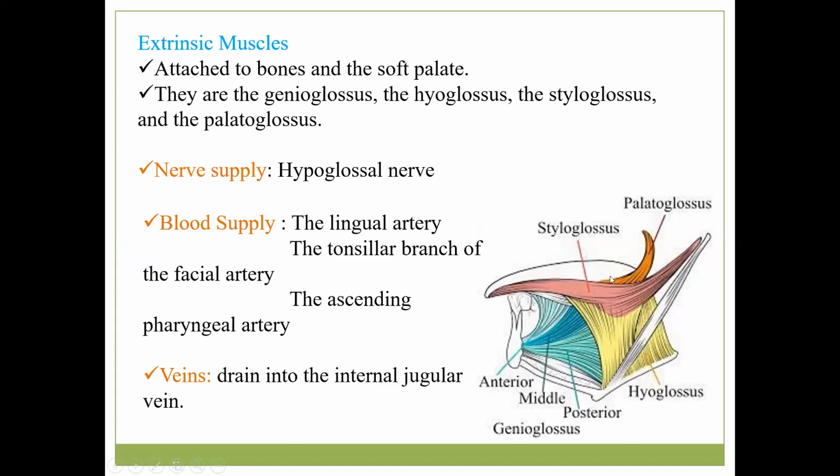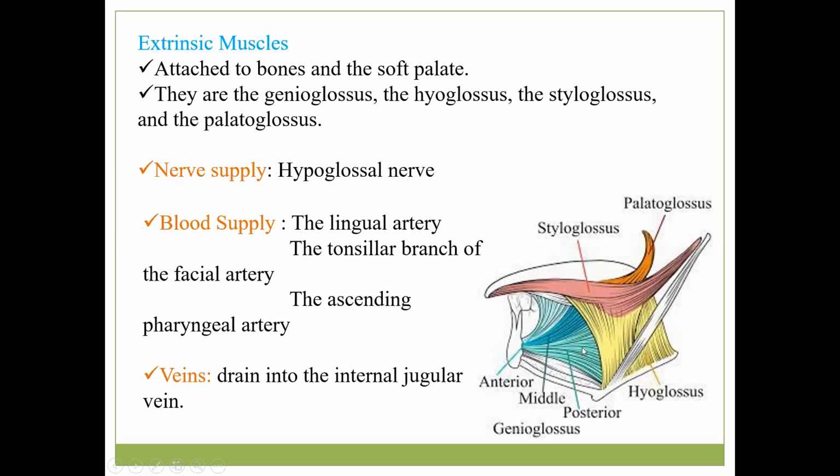So you can see those genioglossus muscles. It has anterior, middle, and posterior fibers. And the hyoglossus, this yellow one, and styloglossus, this pink one, and the palatoglossus, this orange one.